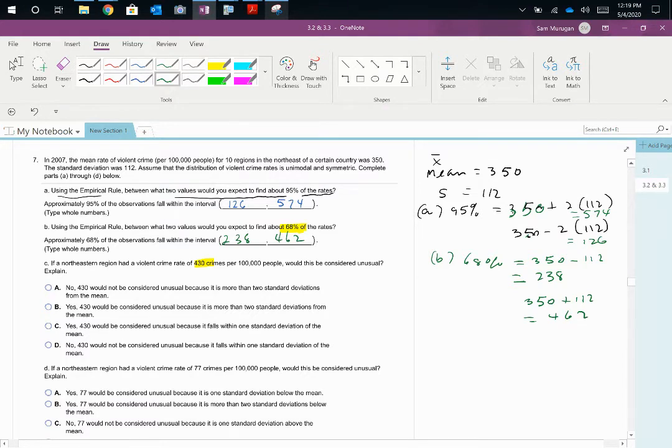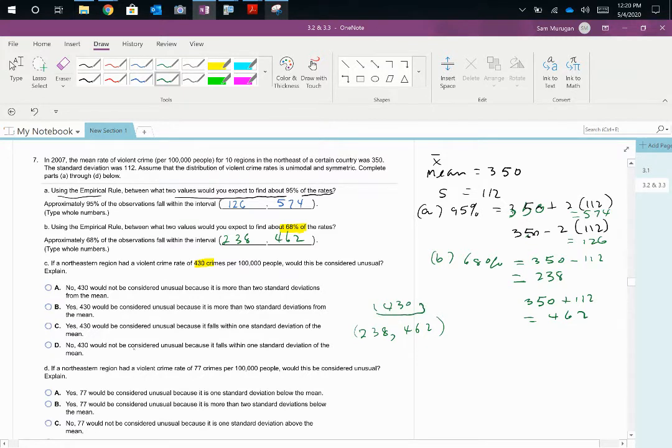All right, so let's make a comparison. If in this region we have 430 crimes committed, that would clearly not be unusual, because remember, one standard deviation is between 238 and 462, and 430 falls in between here.